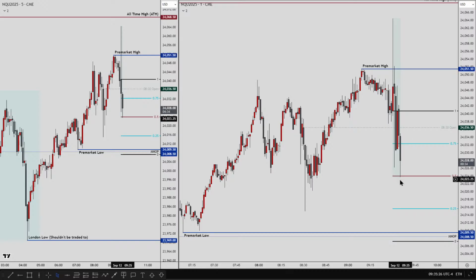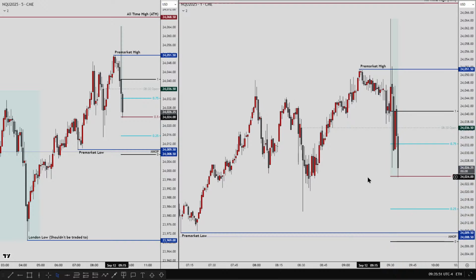Okay, we just touched the consequent encroachment of our opening range gap. In a gap that's only 33 handles, taking that consequent encroachment level, or trading towards it and filling it in, or just tapping it, is extremely likely in the first 30 minutes of trading after the 9:30 opening bell.